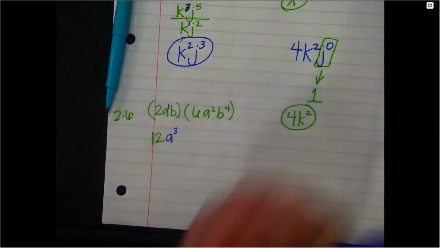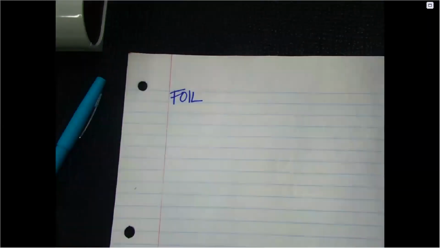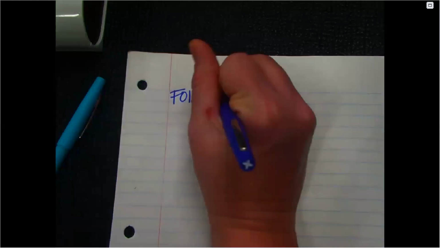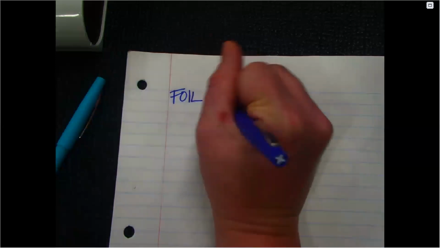The last topic that we have to talk about today is FOIL. How many of you remember FOIL? You probably did. It's first, outer, inner, last. It tells you how to multiply a binomial times a binomial.